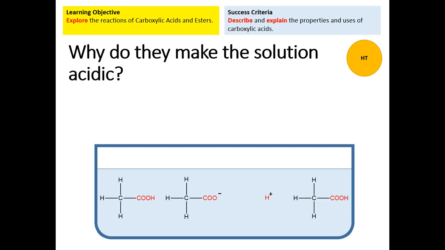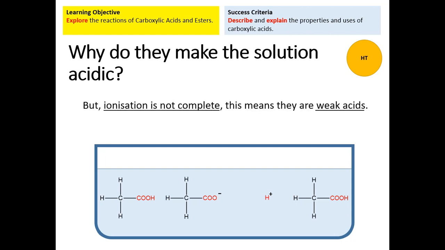They don't all ionize, where they basically turn into an ion. Not all the hydrogens on the end of the COOH will become separate. And that's what makes it a weak acid. Something like hydrochloric acid, every single hydrogen and every single chlorine ionize, they separate from each other. So that makes something a really strong acid.